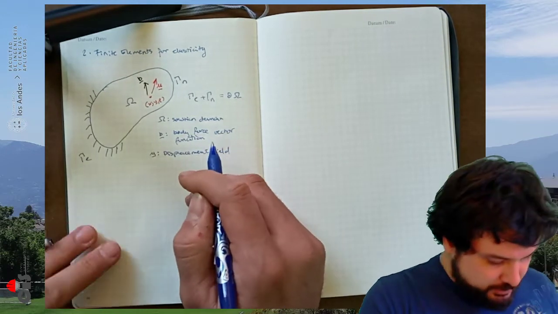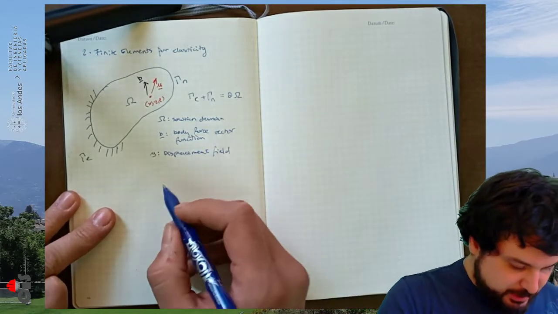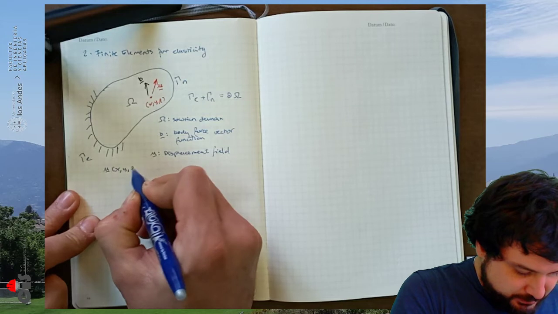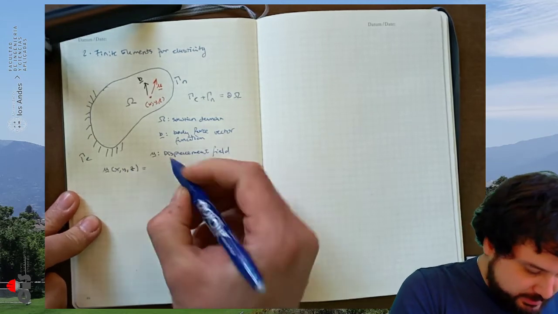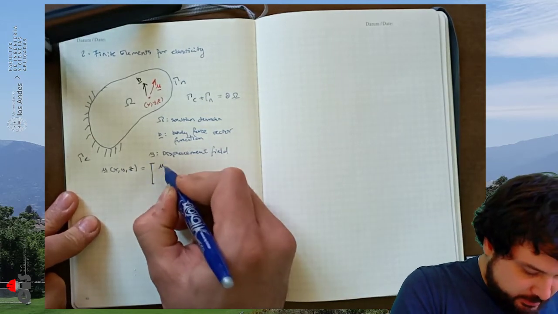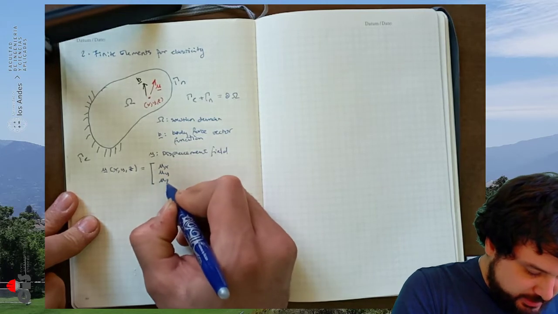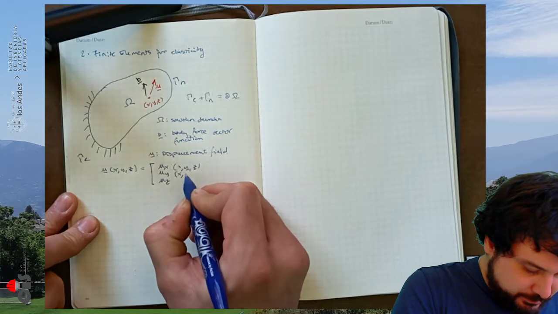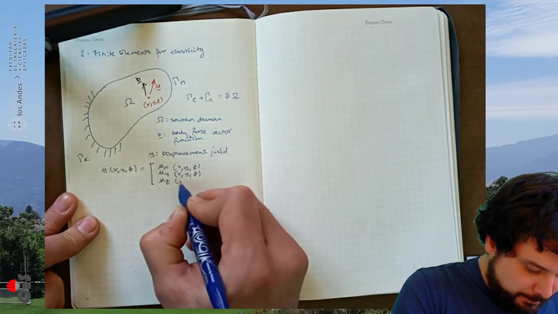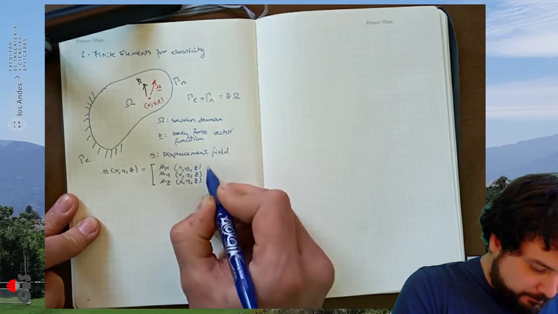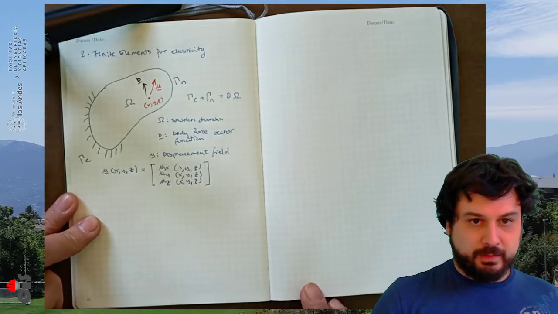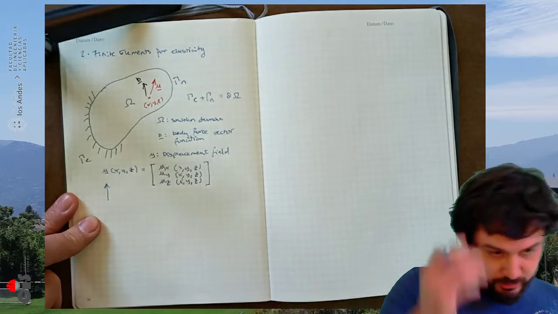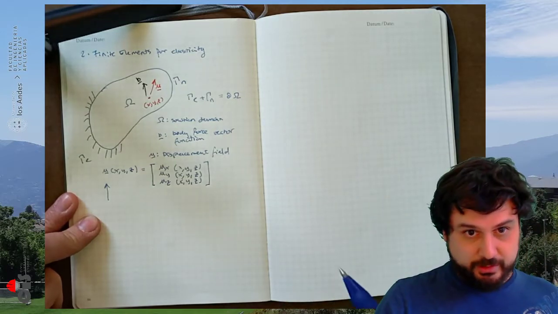Okay, so the displacement field is a function of position in space and is a vector of x, y, and z components, all respectively possibly functions of space. That's our setup. This is basically our unknown, so that's what we want to solve for in an elasticity problem.